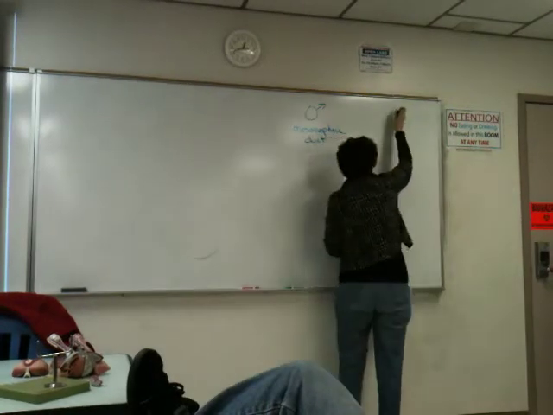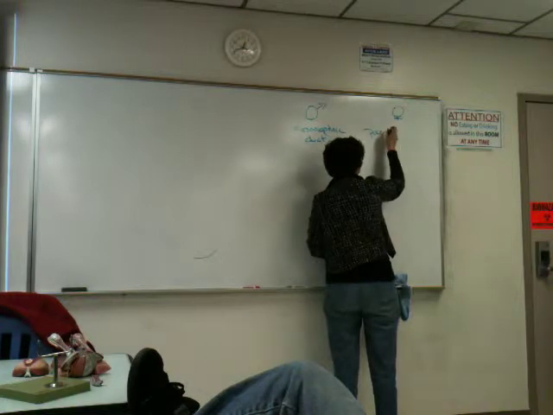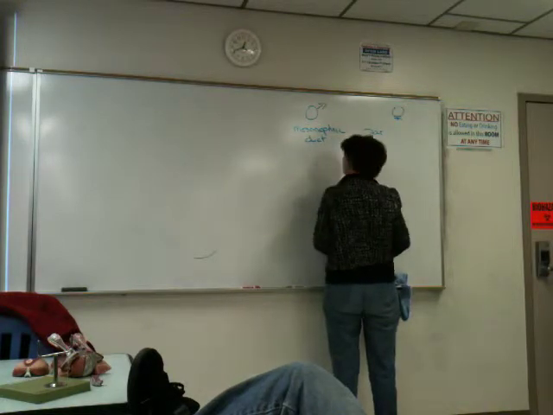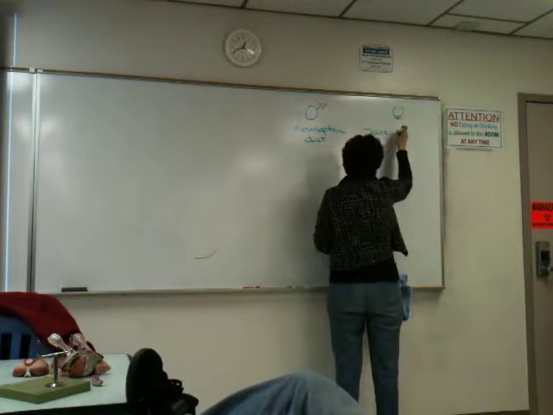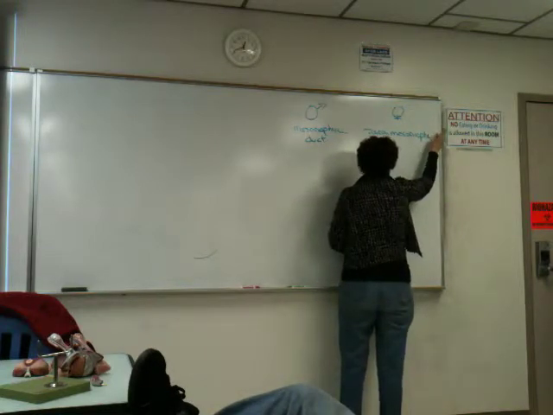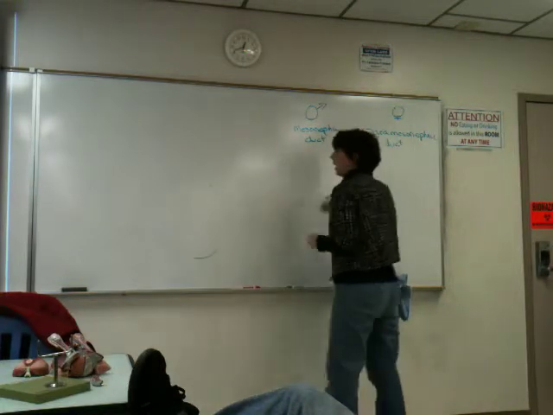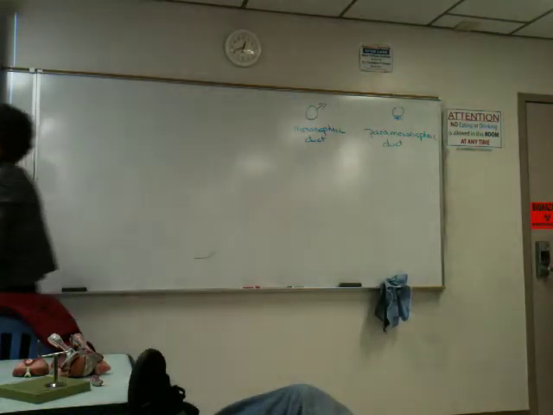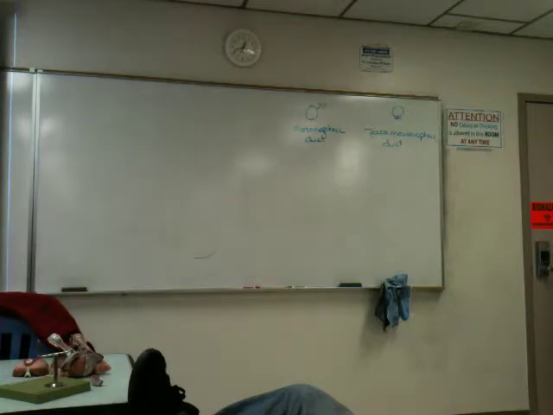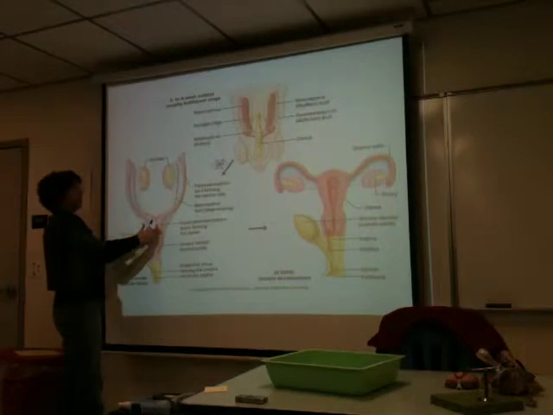The homologous structure in the female, mesonephric duct will disappear, and paramesonephric duct is going to be the structure that develops into the oviduct, which then fuses to form the uterus.